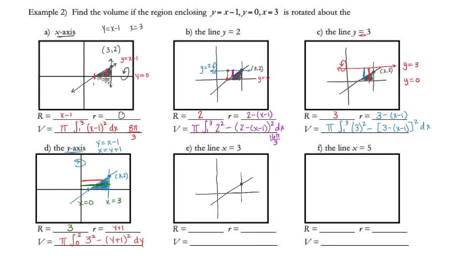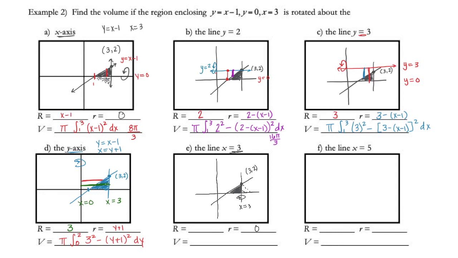And we have that point of intersection was at 3, 2. But now we're going to have x equals 3 as our axis of rotation. So again, we are flush with that axis. So if we revolve around this, then we're going to form a solid. So there will not be a small r here. We're just going to have our disk.